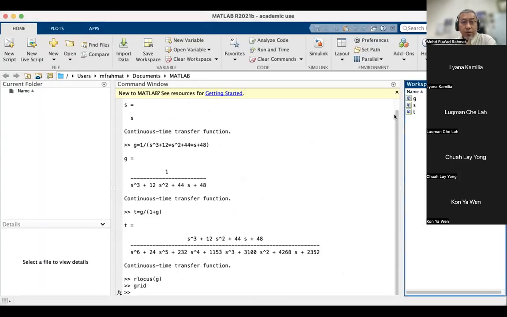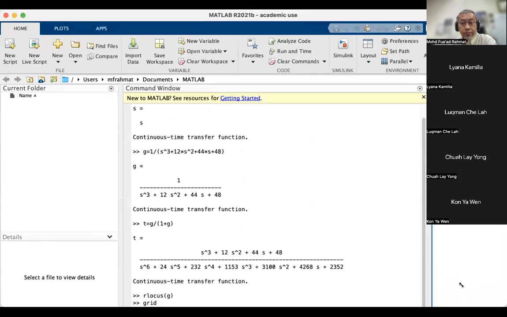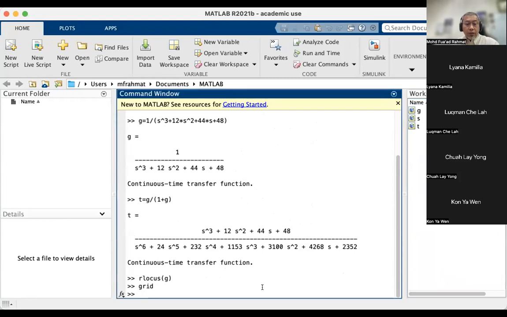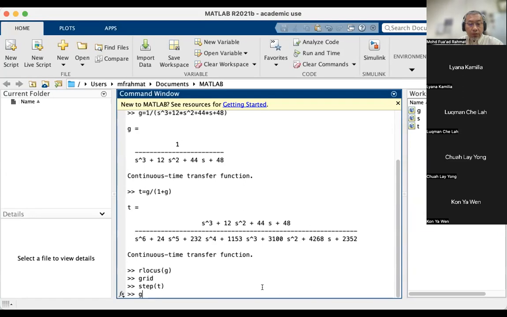Okay, here. So we write a step, okay? Step, one over T, okay? Then put the grid.